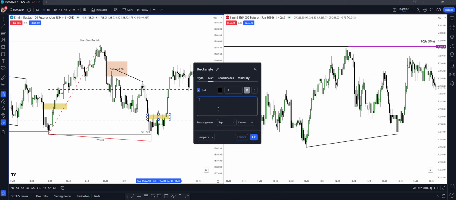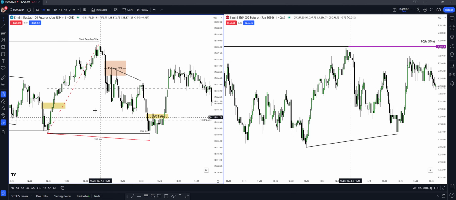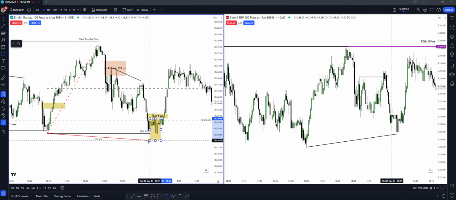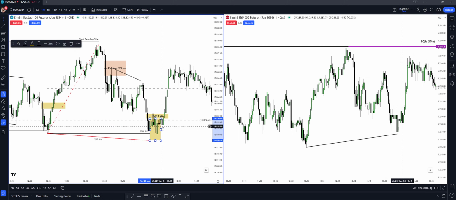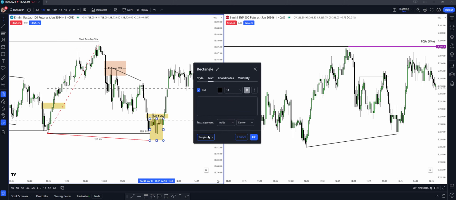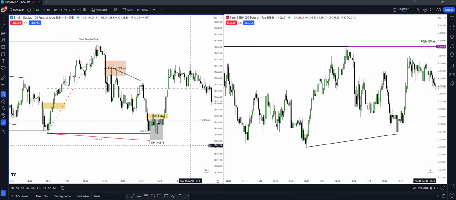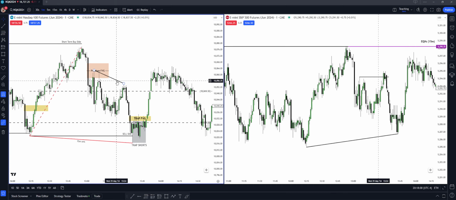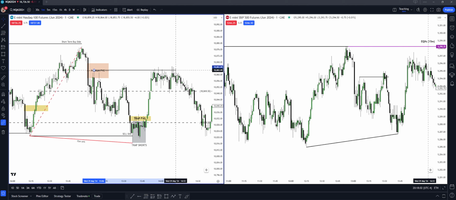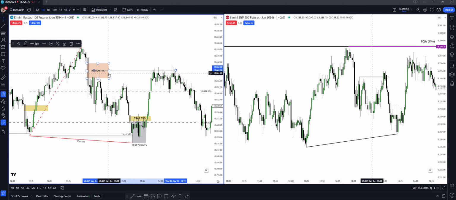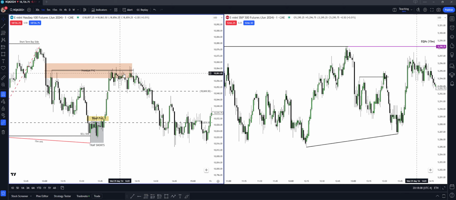Column zone, trap FVG, and this is the trap. Trap shorts. Now you have the S&T divergence here, which is going to be the target, because now the market is in the buy model. It tagged the high and then collapsed.